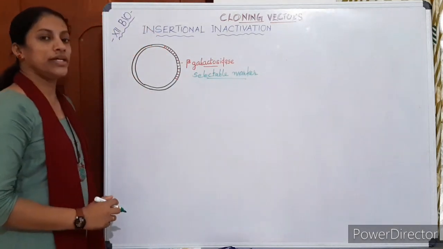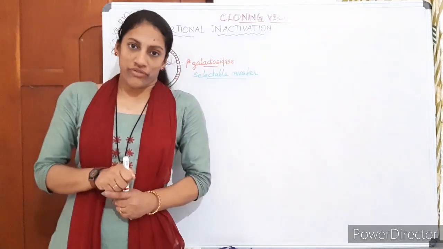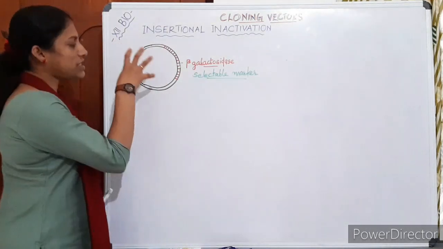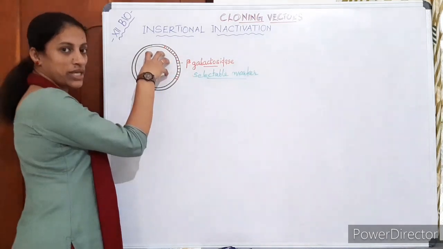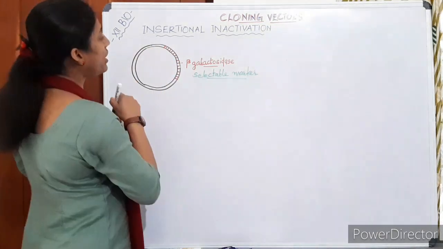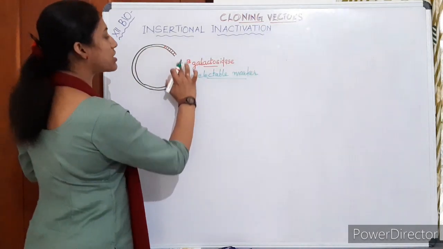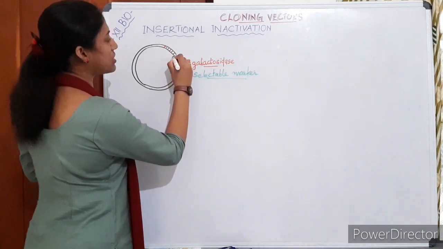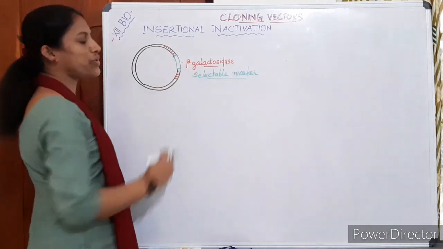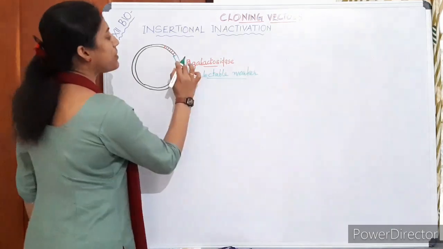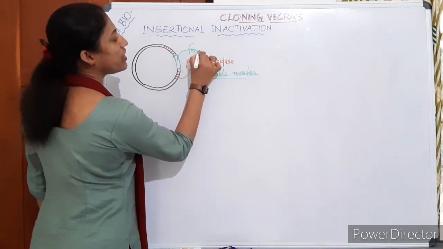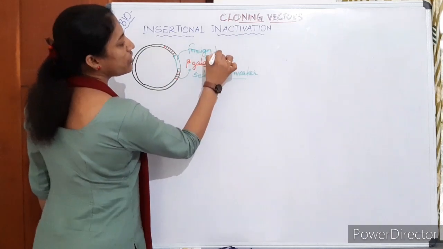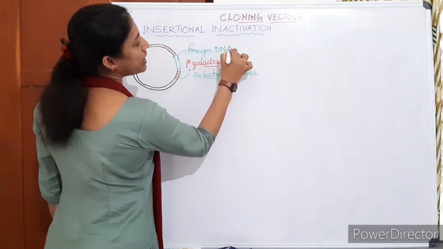Okay, listen carefully here. This plasmid, if we are using it as a vector and if our recombination is successful at this particular site, we make a cut with a restriction enzyme, and suppose we insert the foreign DNA here. We have inserted a foreign DNA here.